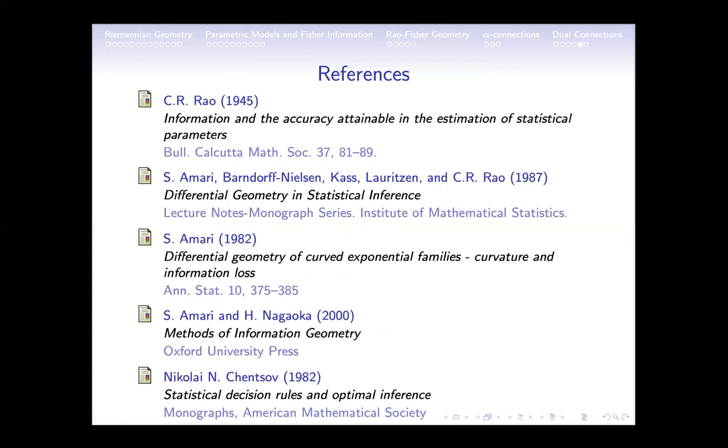C.R. Rao was a great mathematician, but at that point of time, most statisticians were not aware of these differential geometric formulations. But later on it got interest from different areas of the world, and there were studies and monographs dedicated to information geometry. I think the most standard text is Methods of Information Geometry by S. Amari and Nagaoka.